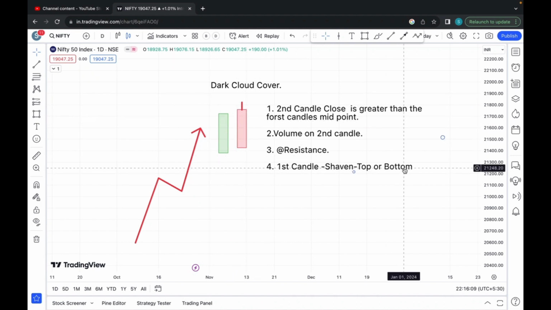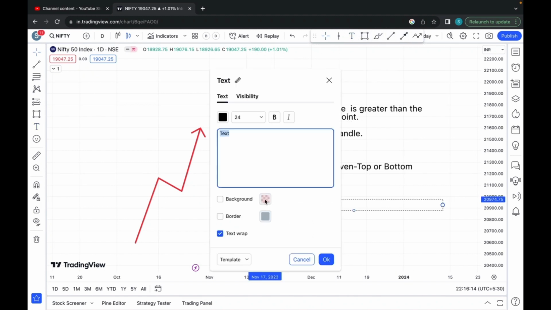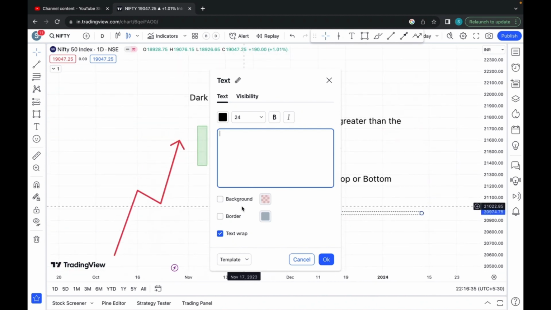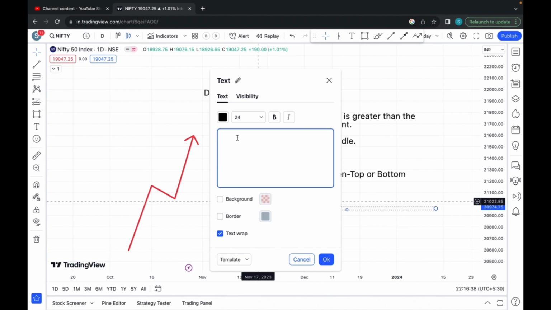And apart from this, whatever the candle setup is in our entire series of candlestick patterns, no matter what setup you see, we have gone through a very detailed explanation of what a dark cloud cover is in our previous video. Here we are understanding when that particular setup is even more powerful with these points.